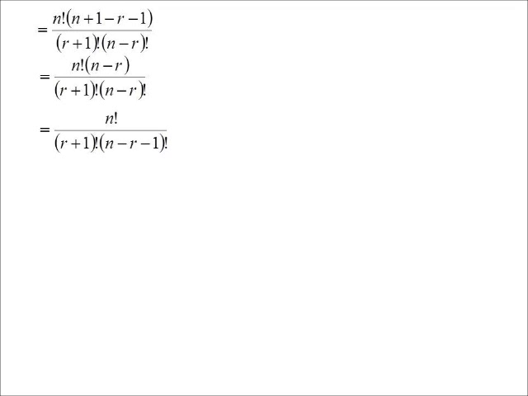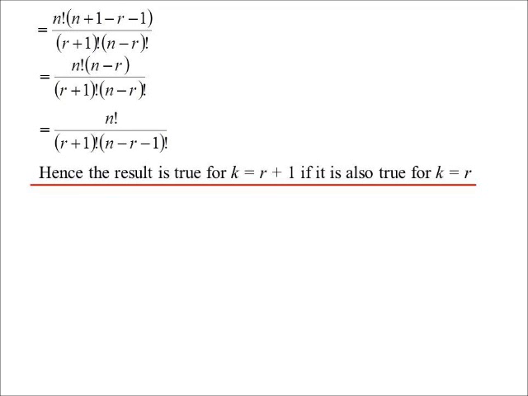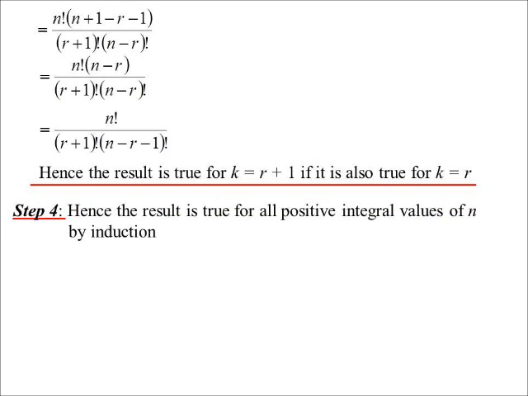So I'll be 1 less than the n minus r. I'll have the (n minus r minus 1) factorial. That is what we were trying to prove. And so hence the result's true, and true for all positive integers by induction. So there's a proof of our relationship that we saw way back in term 1 last year.